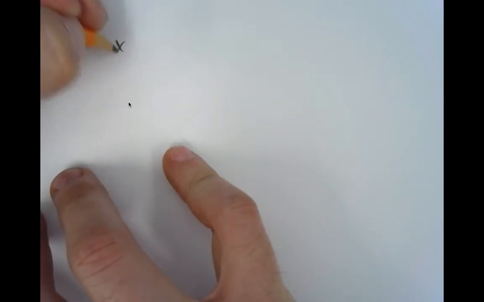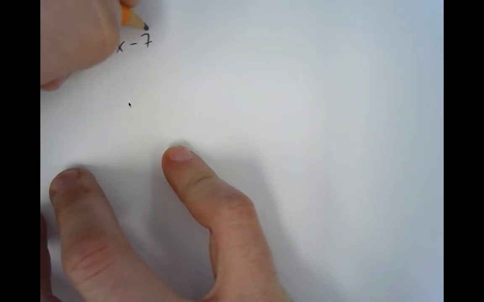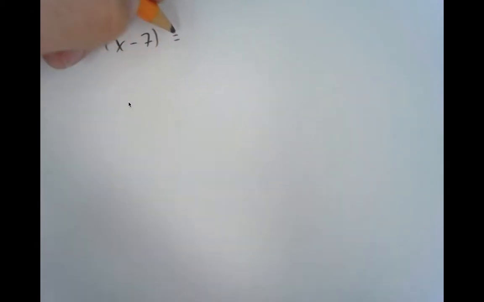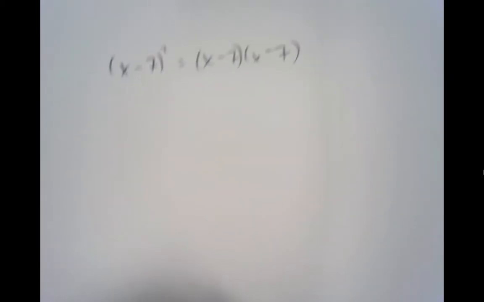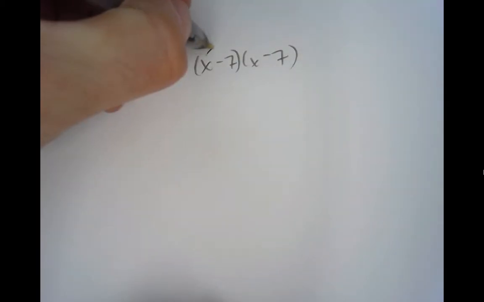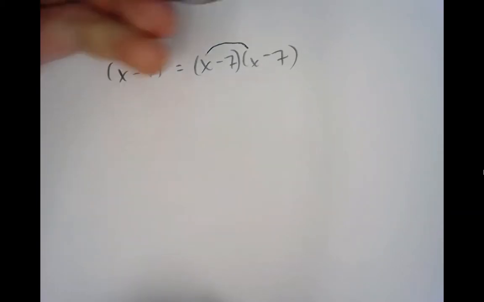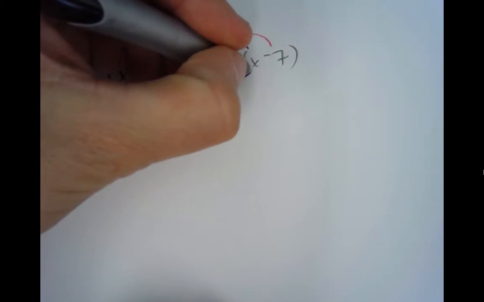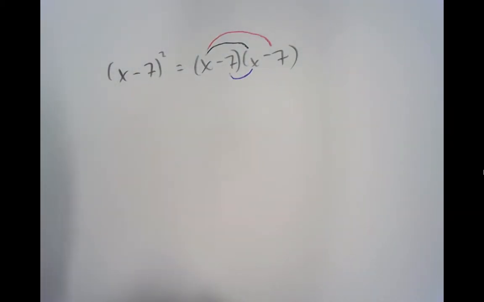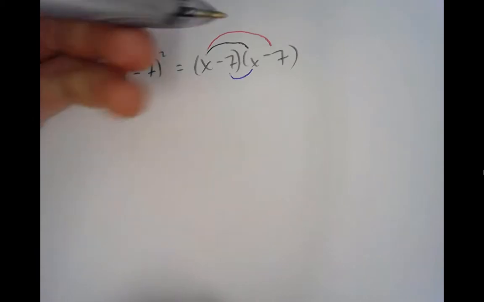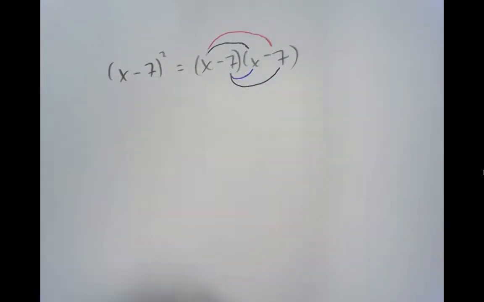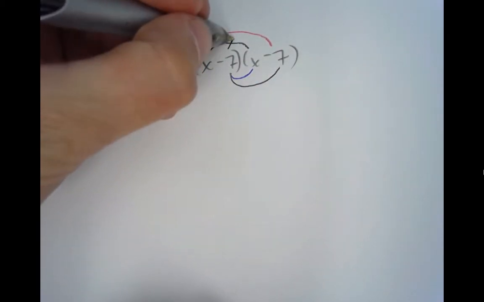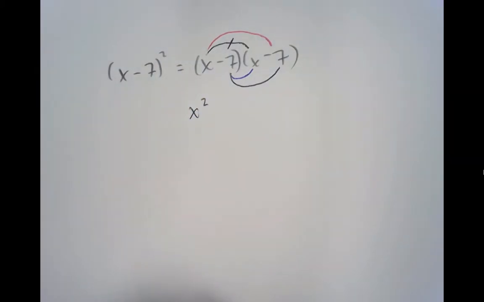That is really x minus 7 times x minus 7, and I can do my double distribute. X times x we'll do first, x squared.